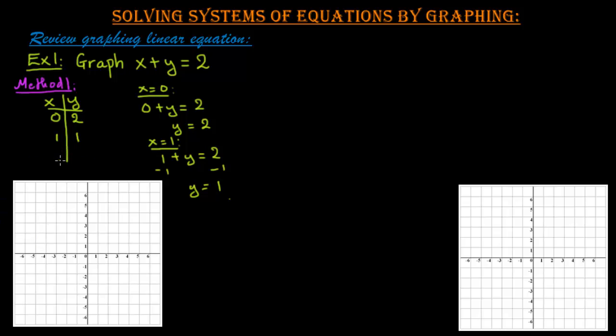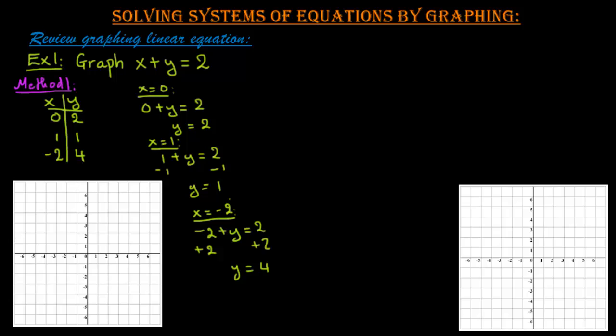We can also choose a negative number, let's say negative 2 for x. If x equals negative 2, then you will have negative 2 plus y equal to 2. Add 2 on both sides, and we have y equal to 4. So my third point is (-2, 4).